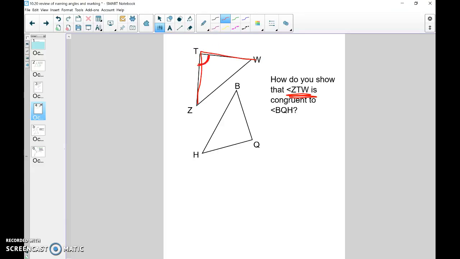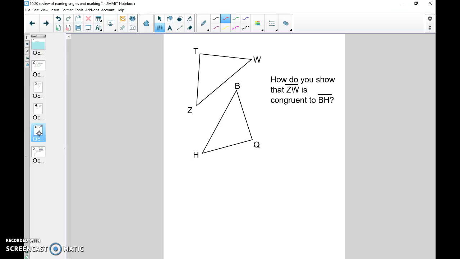So I'm going to put a little arch there. And I want to show that it's congruent to BQH. So again, let's trace BQH. Q is at the center of that name. So here is where my angle is going to be. So that's how I mark that these 2 are equal. They each have 1 arch, showing that they're congruent.